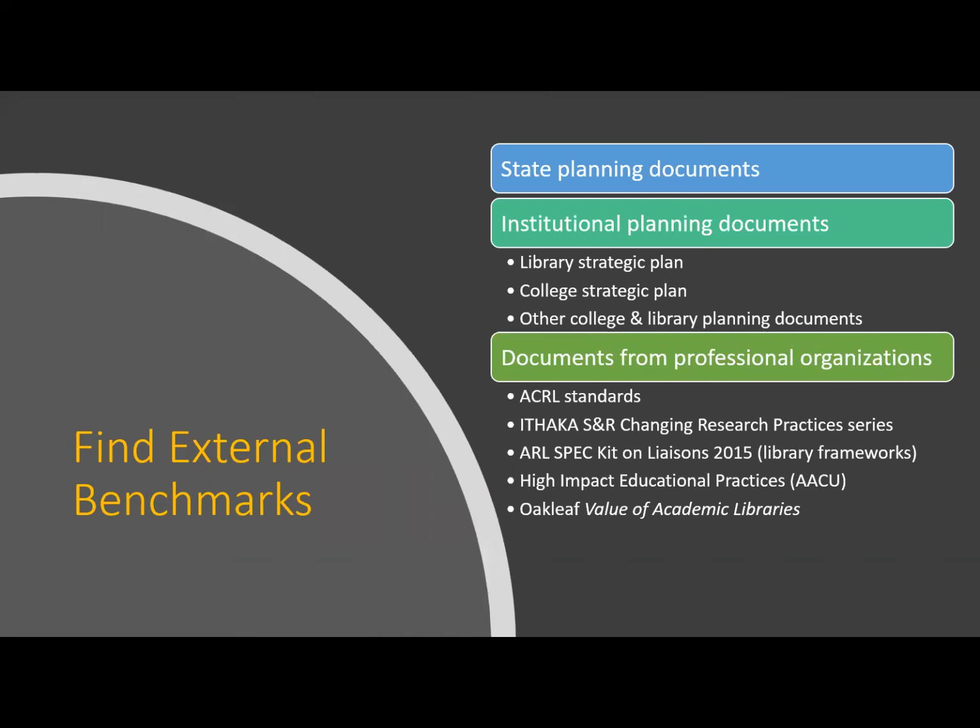These kinds of state planning documents are intended to guide institutions in their development of strategic activities, and they are often a great way to give you a hint of what's in the pipeline for the future and what state governments consider important. So look for those.